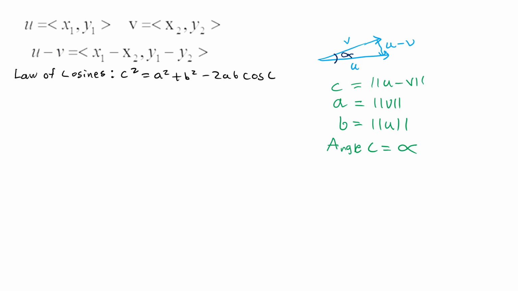So we'll get the magnitude of u minus v squared equals the magnitude of v squared plus the magnitude of u squared minus 2 magnitude of v magnitude of u cosine of alpha.